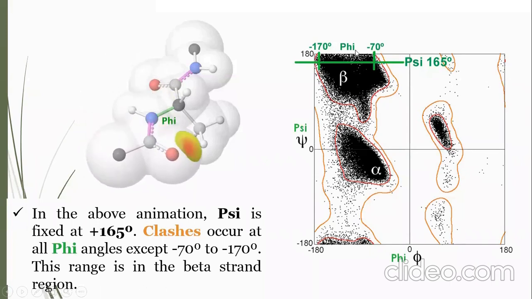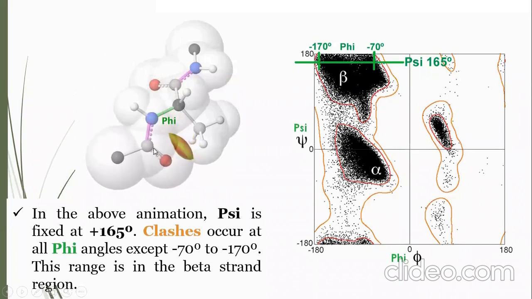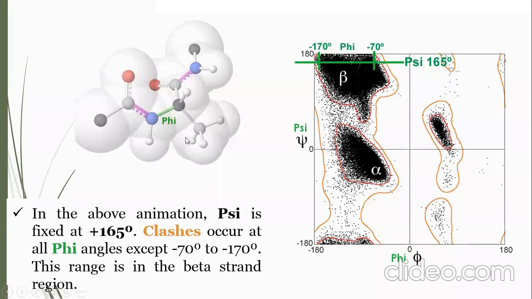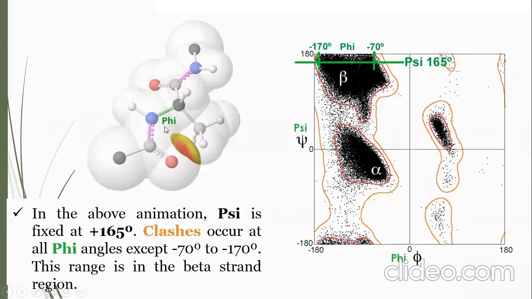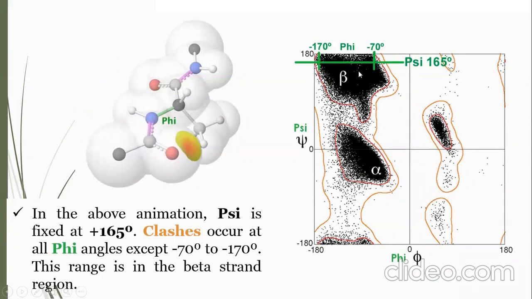And this possibility range is the beta strand region. You can see the conformation as well, the movement of the phi bond. If the phi bond moves, it will produce clashes with the movement, and only these conformations are possible because there will be no clashes here.